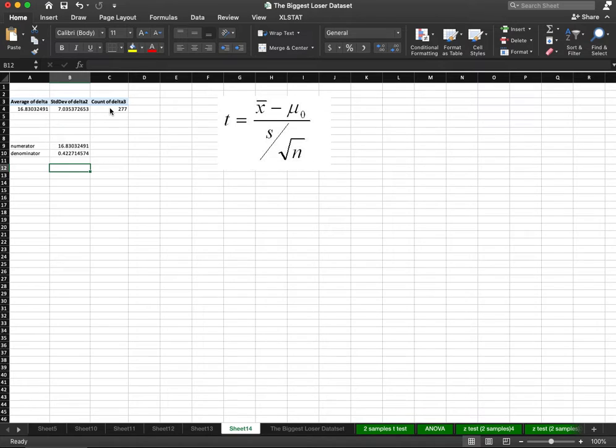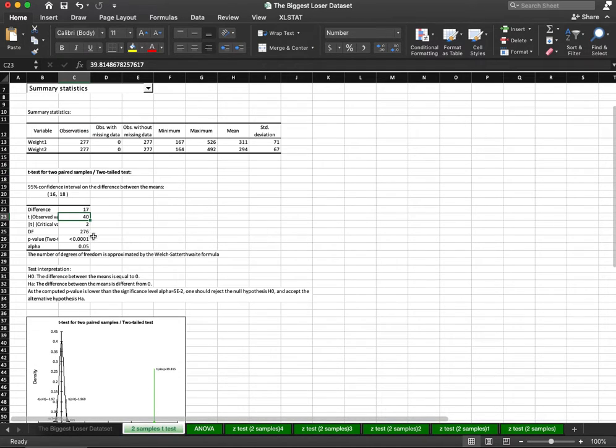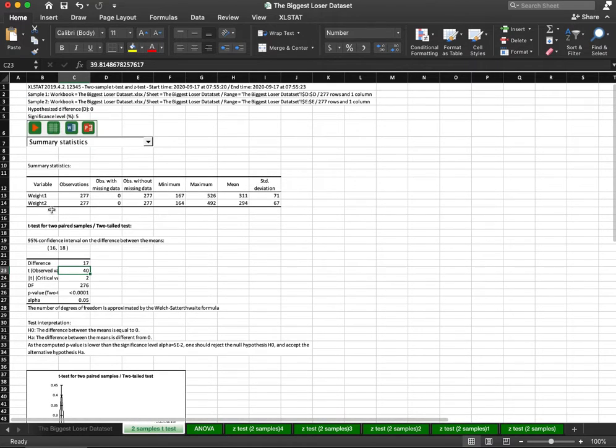Okay, and so my t score is this divided by this, just 39.8. Right, that's our t value here. Okay, and if I look here at Excel stat, doing the exact same test, right?